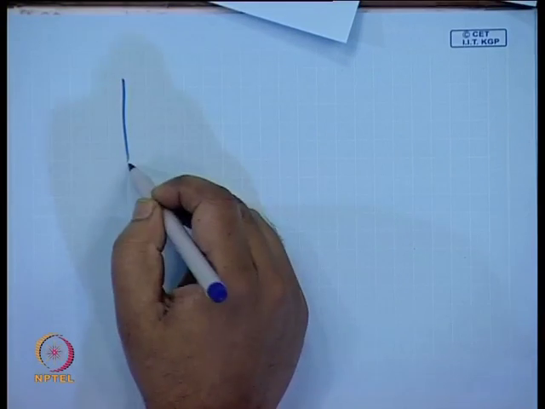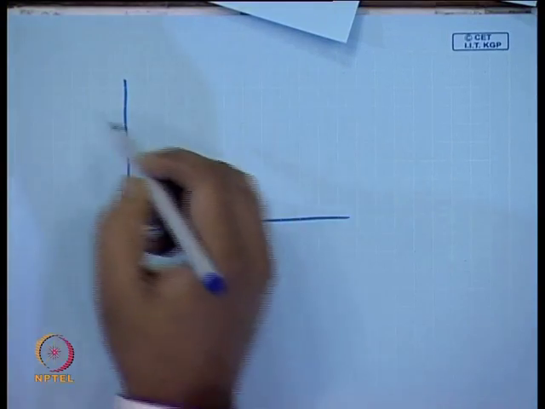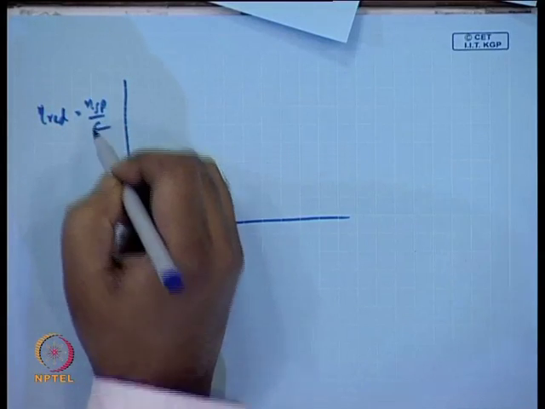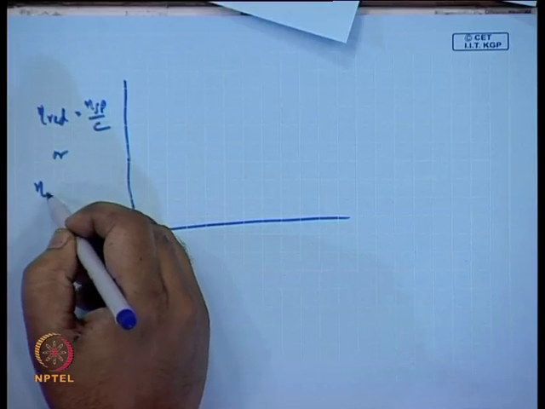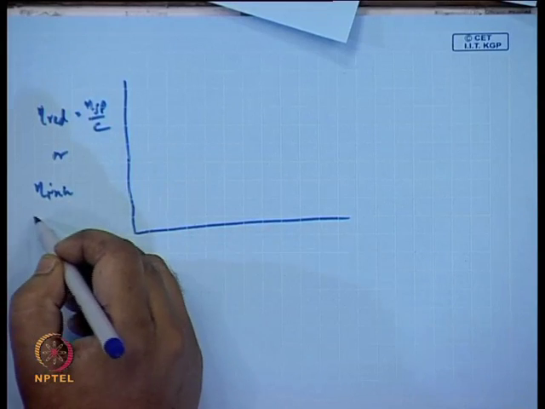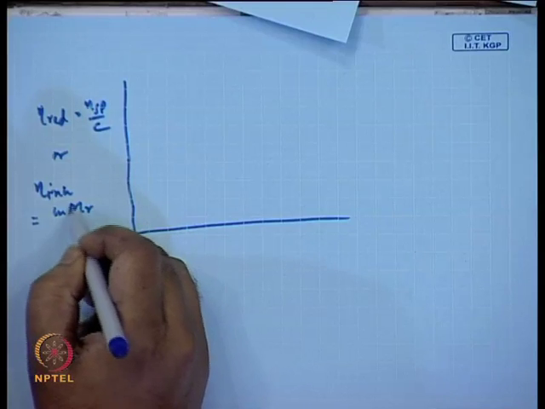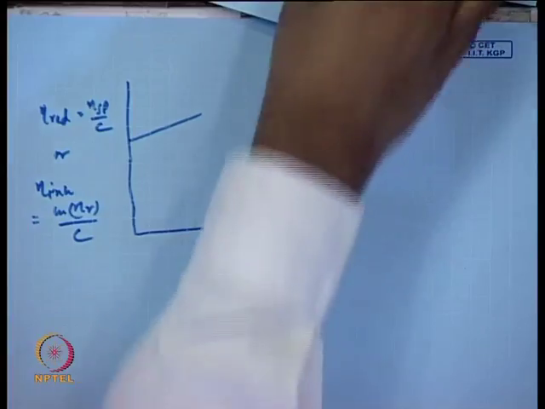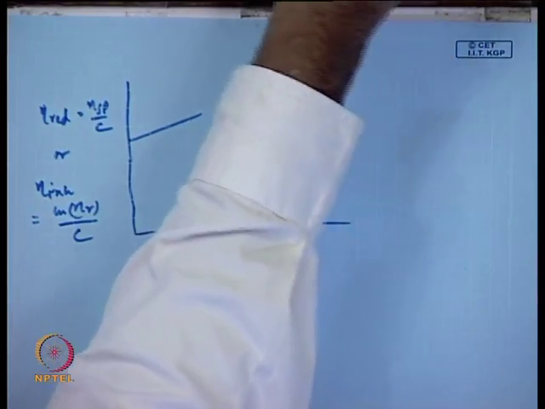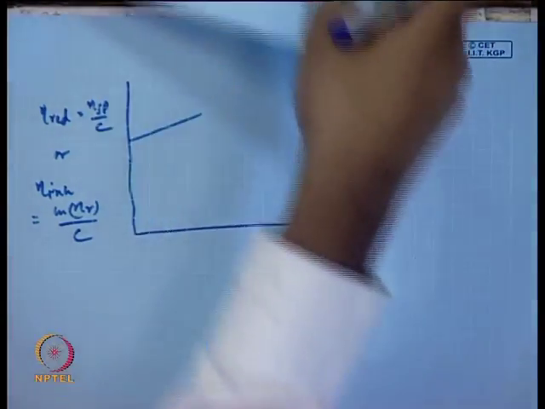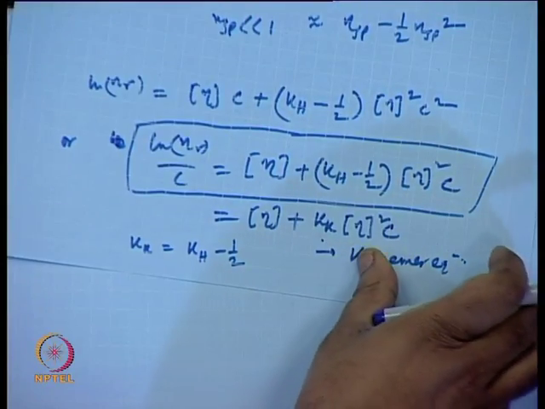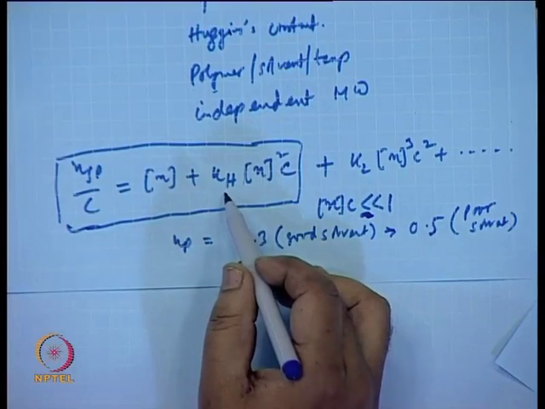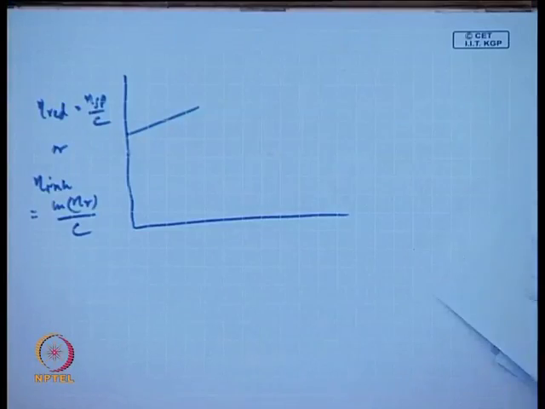So, I can plot either eta reduced, which is nothing but eta Sp by C, or we can plot eta inherent, which is ln eta r by C. In case of Cramer, the constant is negative, as we just saw, so the slope will be negative, and in case of Huggins, this is positive, so the slope will be positive.